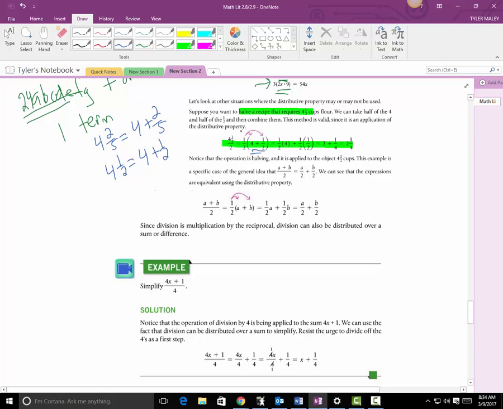Now I need to distribute the half to each term, the term of 4 and the term of a half. So 1/2 times 4 plus 1/2 times a half gives me 2 plus a fourth, or I can write that as a mixed number. If I can take a mixed number and pull it apart, I can do the opposite. So 2 plus a fourth is simply 2 1/4. So we would need 2 1/4 cups of flour, if we're halving the recipe.